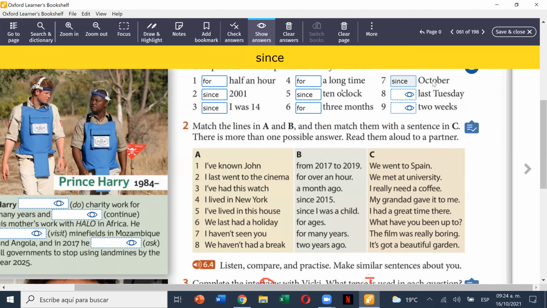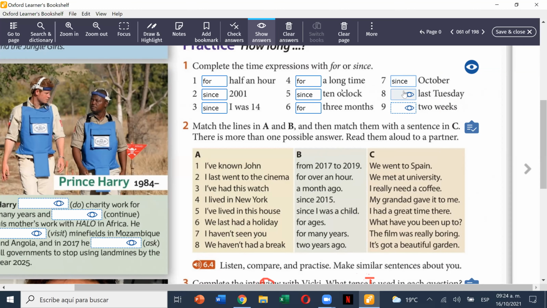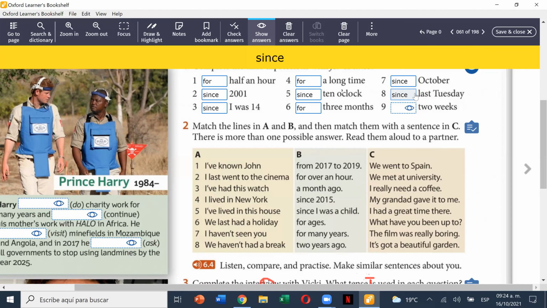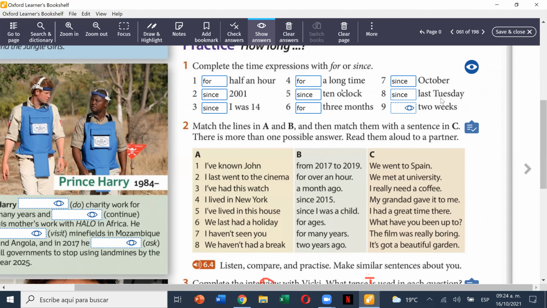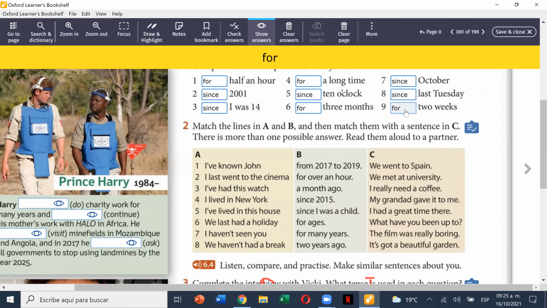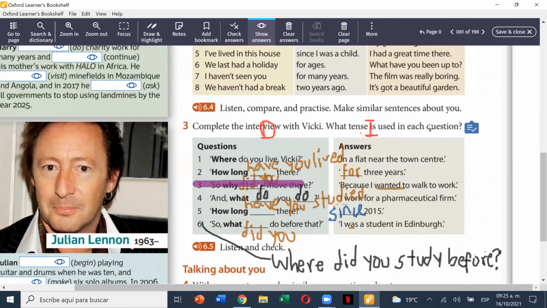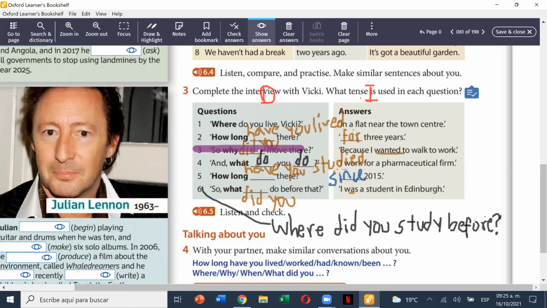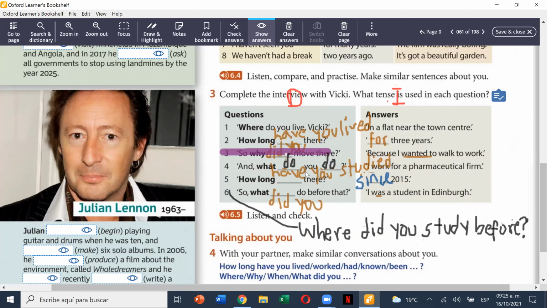Since October, yes, correct, for months. Last Tuesday, since last Tuesday. Since. Yeah. Then for 2 weeks. We're not doing this. We're gonna take advantage of these questions and answers. So listen and check.